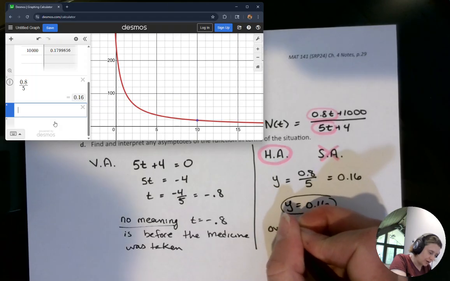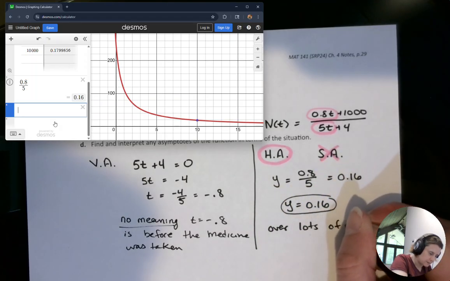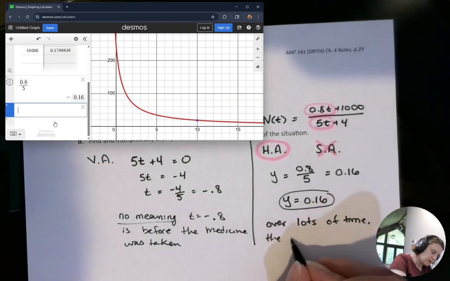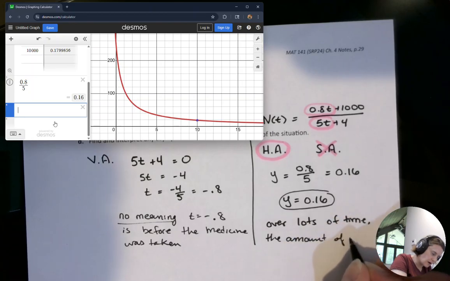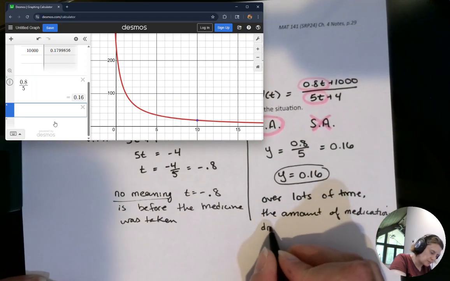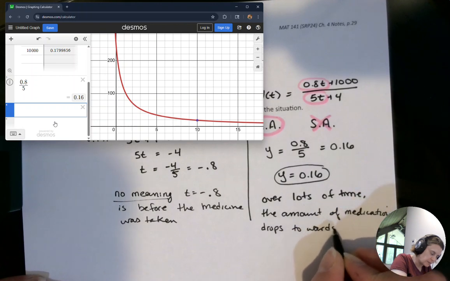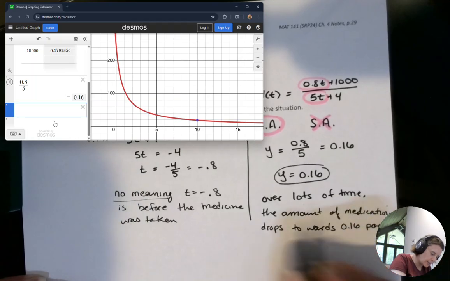So over lots of time, the amount of medication drops towards 0.16 parts per million.